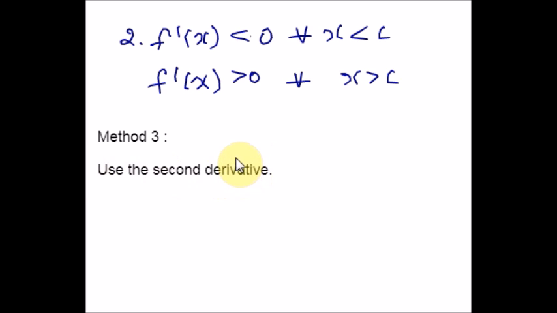Now the second way. The second way of using the second derivative is to identify the optimal value of the function. It is in fact very similar to the second method that we discussed here. We will have the same requirements for this method as we did in method 2.